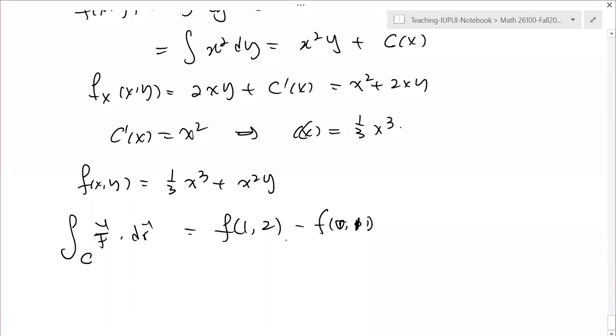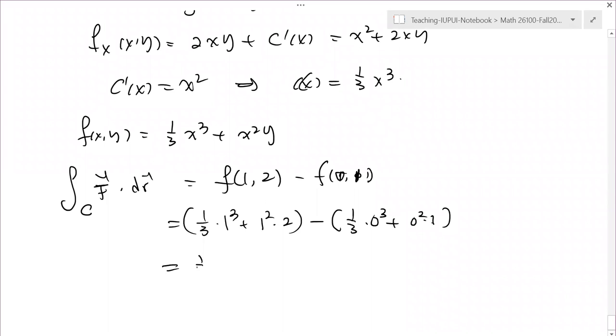So just evaluate the function at these two end points, minus. Okay. So the answer will be 1/3 plus 2. That's going to be 7/3. All right. So this example shows you that that's the easy way to evaluate the line integral. Okay. If the vector field is the gradient of some function.